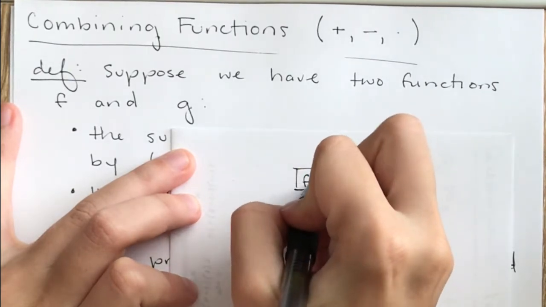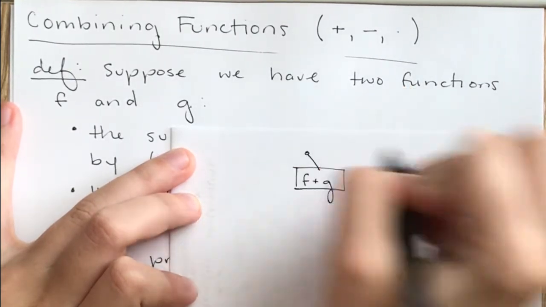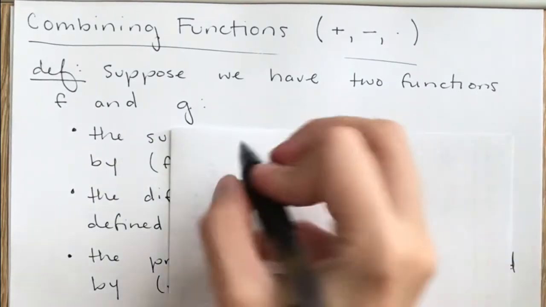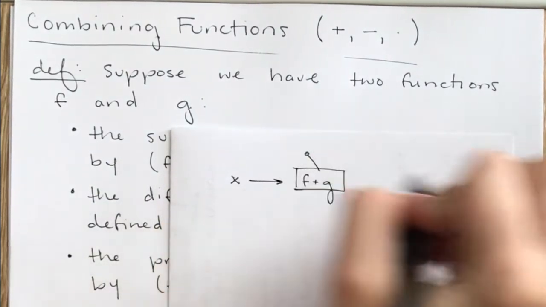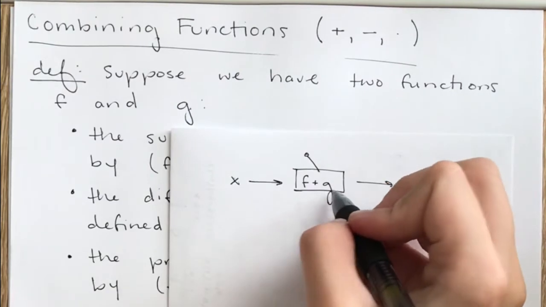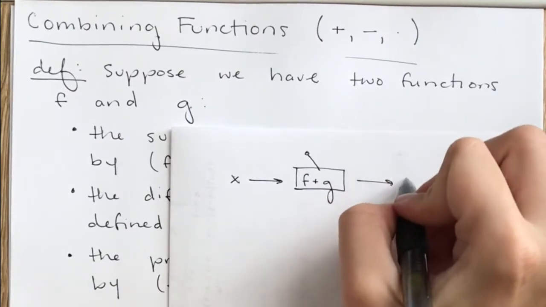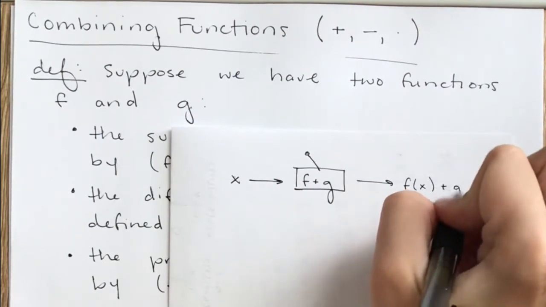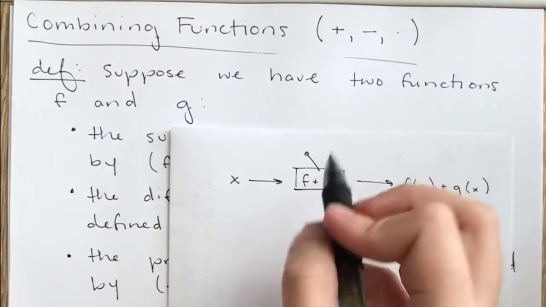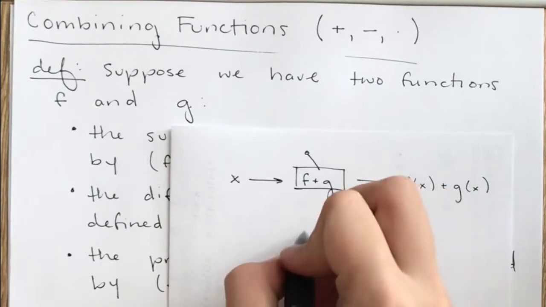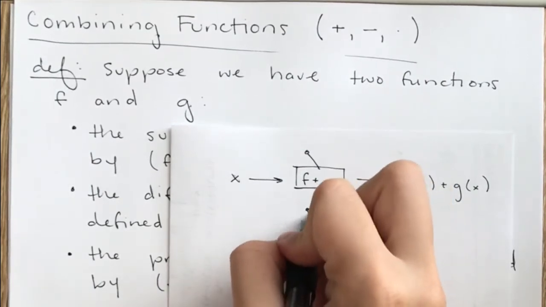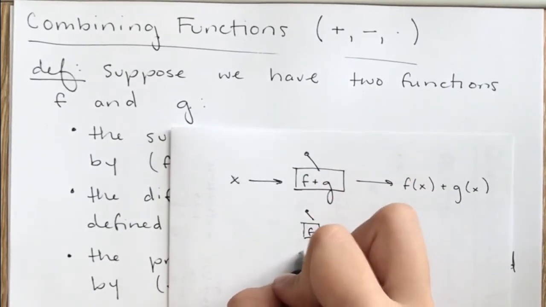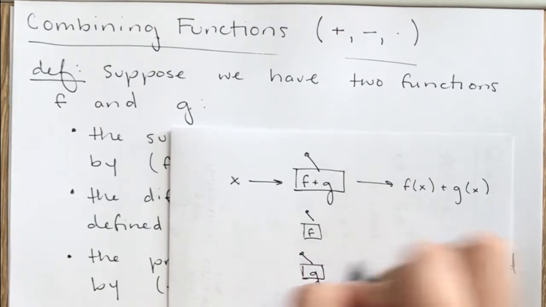So let's look at f plus g for a second. We're creating a new function where if I plug in x, what I have to do to get f plus g of x is add f of x plus g of x. So I'm creating a new function out of f and g.